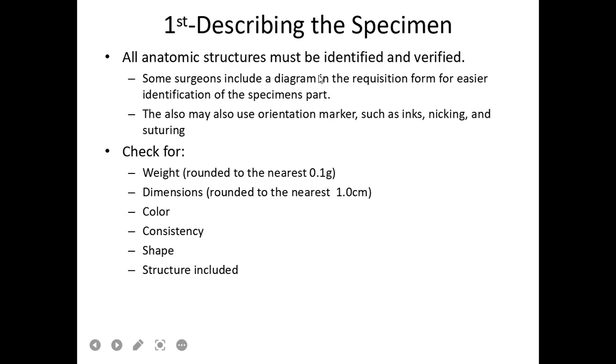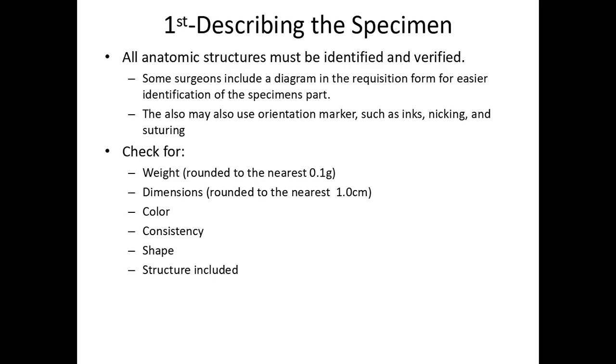Some surgeons include a diagram in the requisition form. So minsan ang ginagawa ng mga surgeon, for example, sa requisition form, i-drawing nila yung organ. And then lalagyan nila ng markings kung saan nila gusto magpakuha ng sample. So i-drawing nila doon para alam ng pathologist, gusto niya malapit sa cervix.